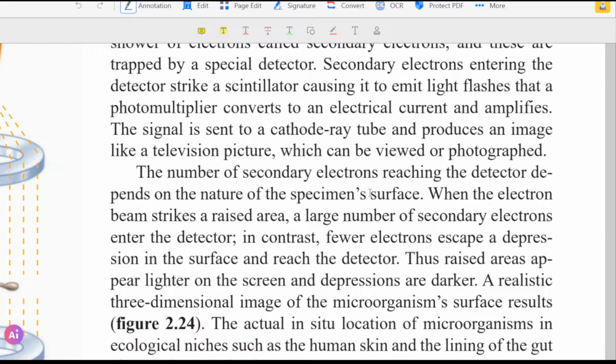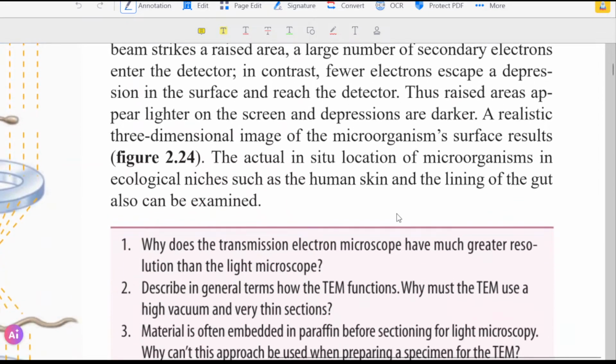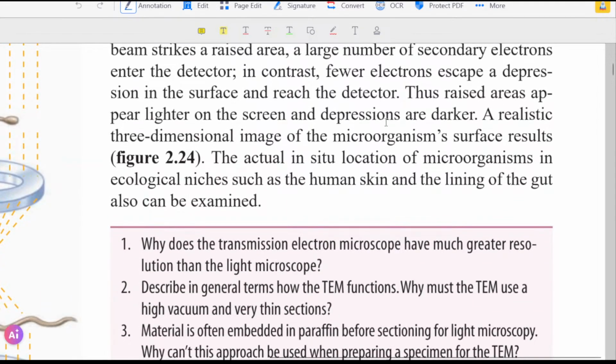And they are at the end, like the end point of electrons reaching them, so the energy of the electrons might be disturbed, or they are more strongly bound to one another. Thus raised areas appear lighter on the screen and depressions are darker. Right, the areas where the reflection is high look lighter, brighter, while the area where the reflection is lower appears darker.